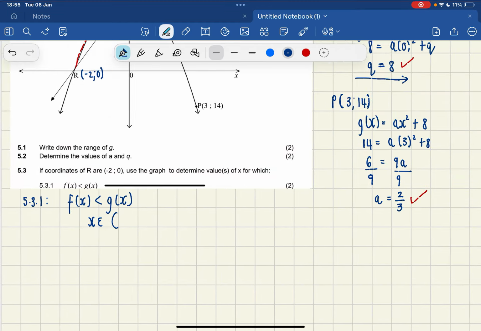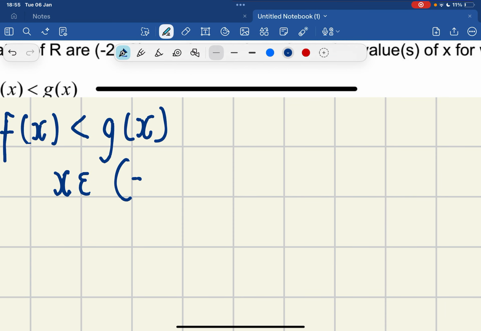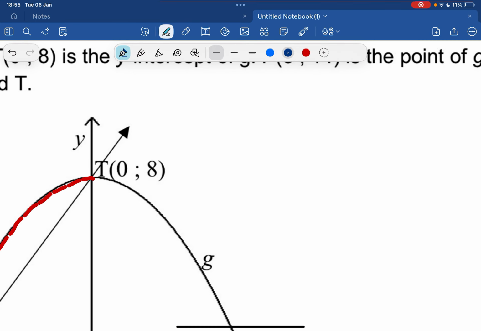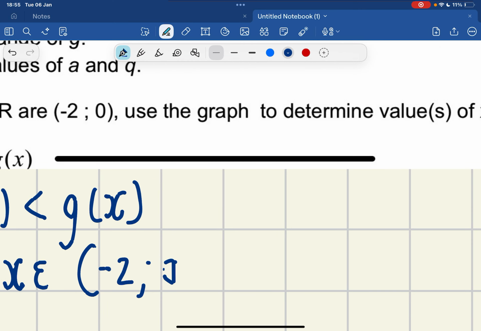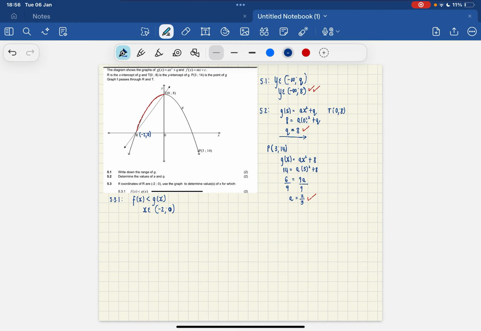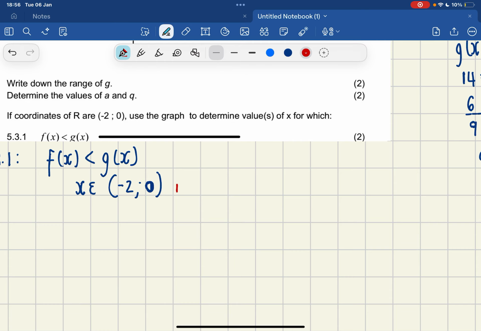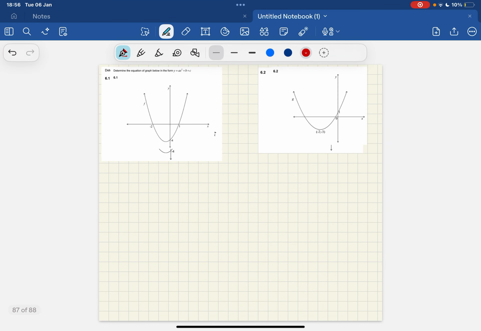They said r is -2, so it's from -2, where they intersect, and they also intersect at 0. There we go, and you easily get your 2 marks. Then we could quickly tackle the next question.